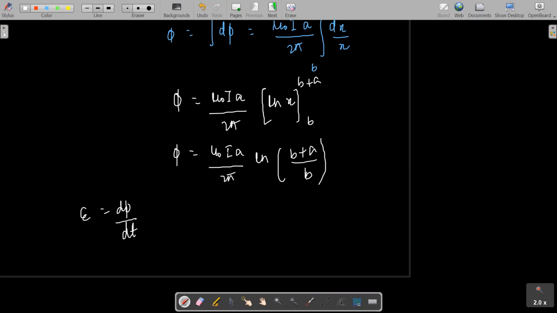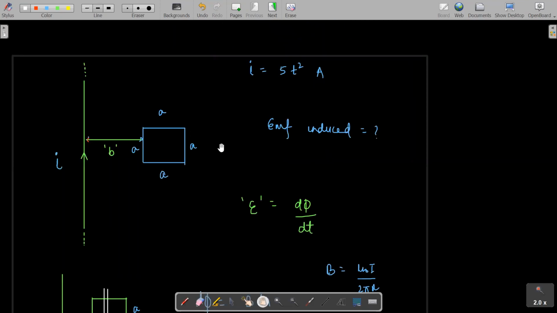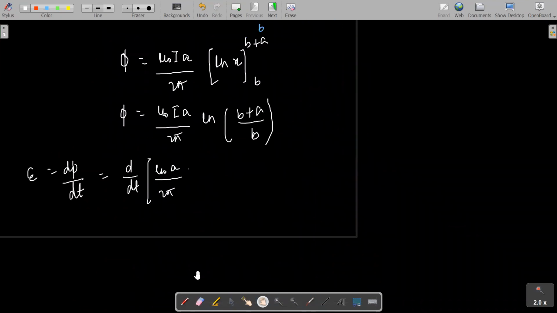Now we have to put the value of I. It will be equal to d upon dt of mu naught a over 2 pi into what will be the value of I? I have already told you it is 5t square, so it will be 5t square into ln of (b plus a) over b.